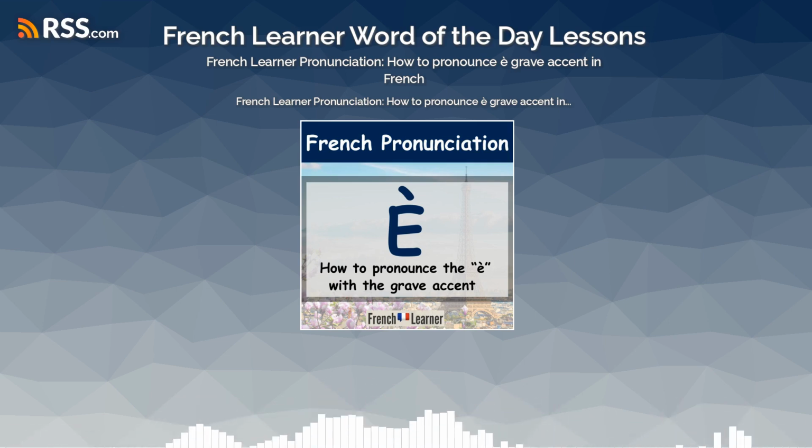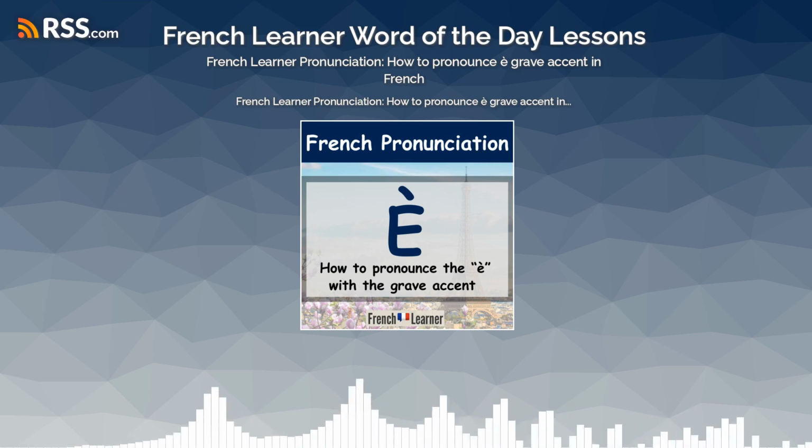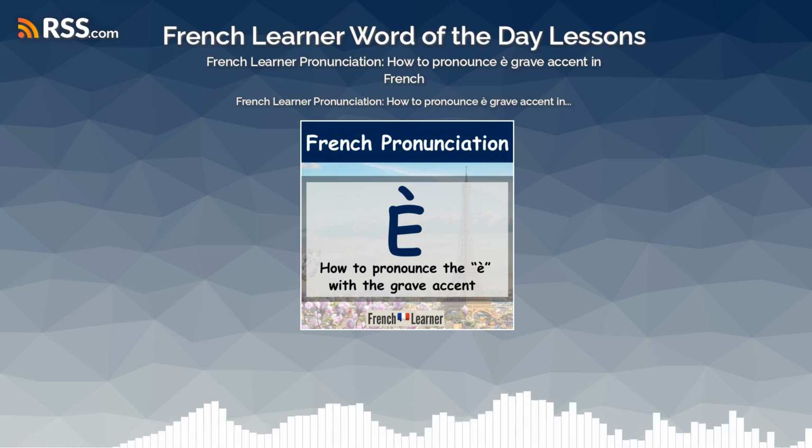Our next word and our last word is a bit tricky. The word is préfère, as in I prefer, je préfère. So the situation here is that the first E, P-R-E, has an upward slanting accent aigu, or acute accent, and the function of that accent is to make it so that E sounds like an A sound as in play.